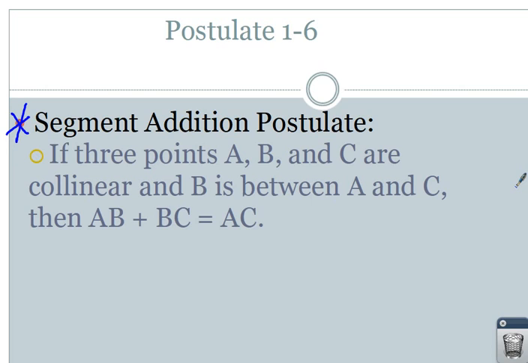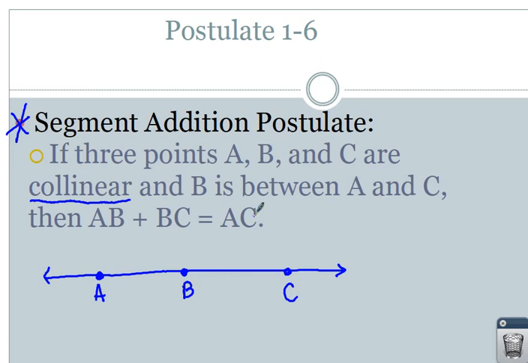Okay, segment addition postulates. So what it says is if 3 points, A, B, and C, are collinear, there's that word, you should know what this means. So here's my line. And we'll put A, B, C because it says that B is between A and C. Then if you take AB plus BC, you will get AC.